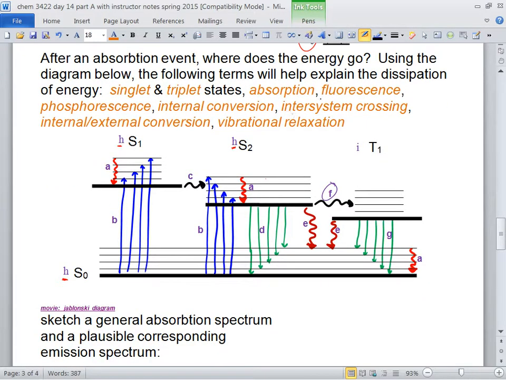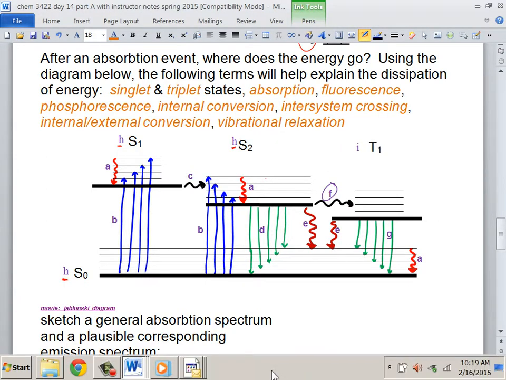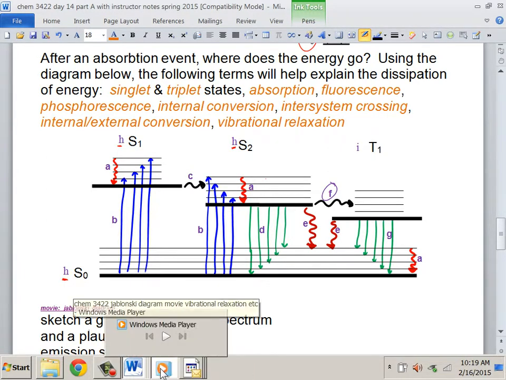Okay. Here's a movie. You get to see movies in instrumental analysis. Oh, we need sound. There's a movie on the Jablonski diagram.